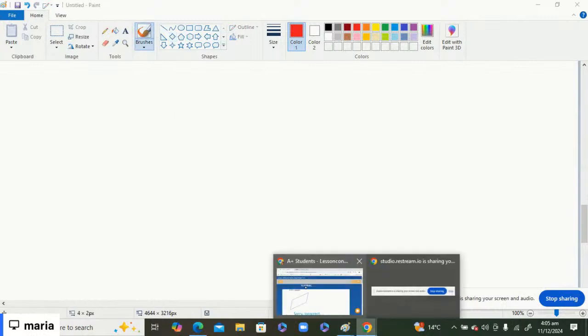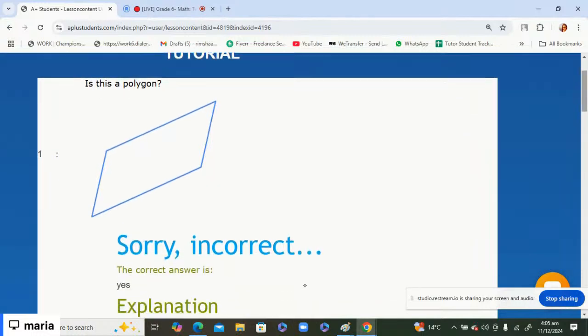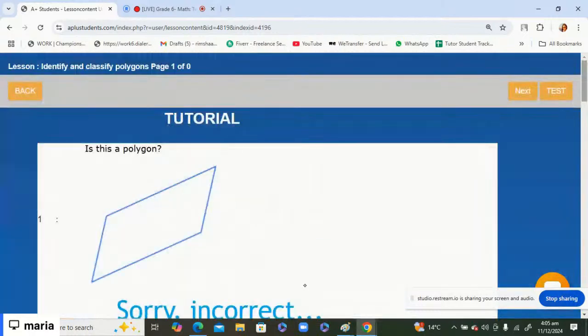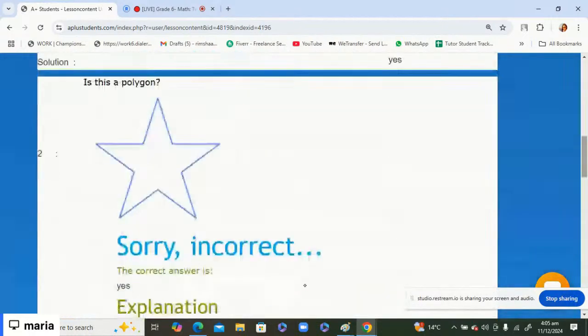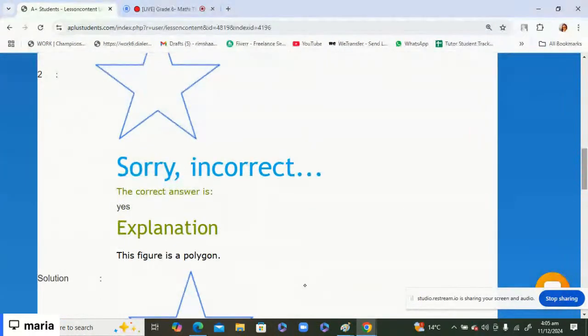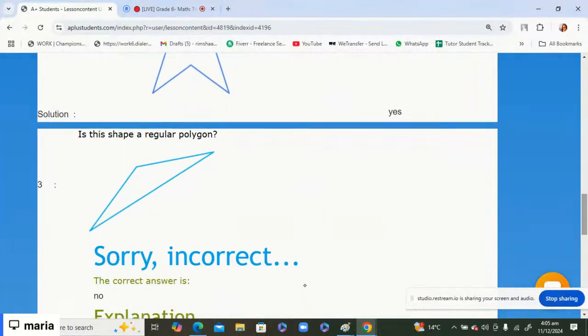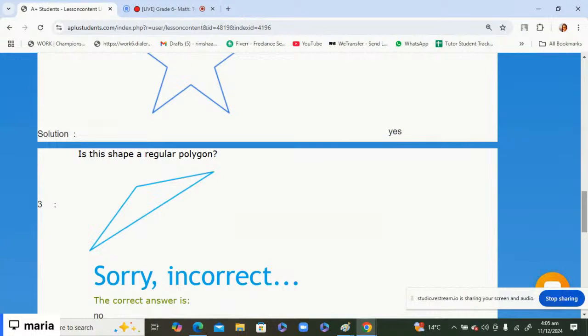So we can say that there are different types of polygons. So is this a polygon? Yes, that is a polygon. Now here is the star. This is also one type of polygon, because how many sides are there? Look, 1 2 3 4 5 sides of the star. Then we can say that yes, it's also one type of polygon. But look at here, is this shape a regular polygon? No, it's not a regular polygon.